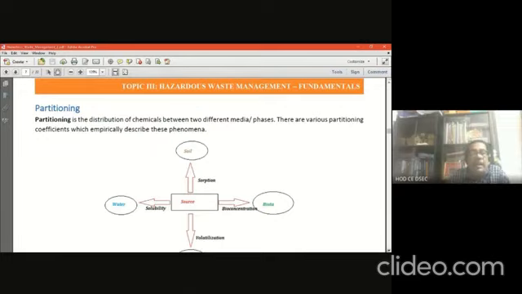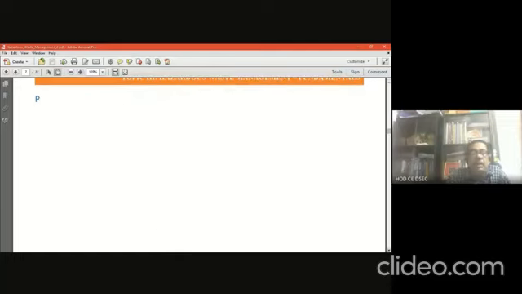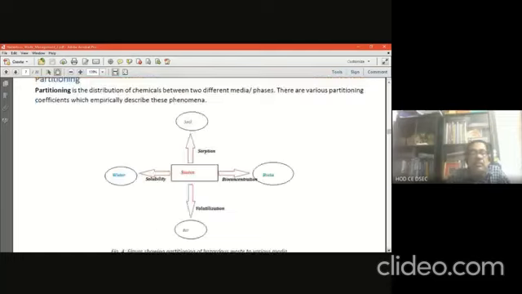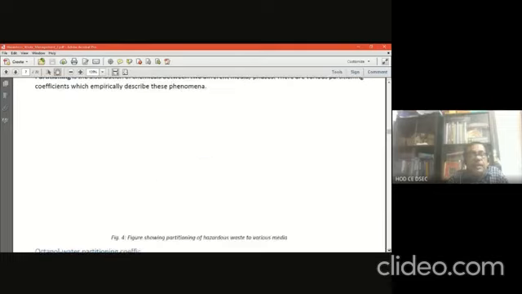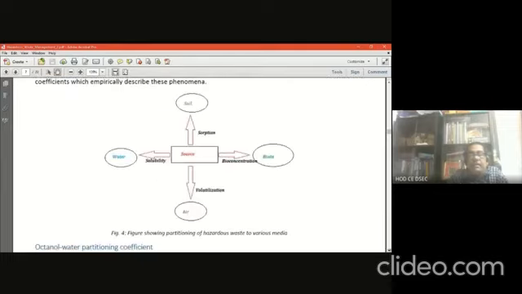The left arrow indicates that solubility takes place in the water, and volatilization takes place with the air from the hazardous waste source. So this is the figure showing partitioning.